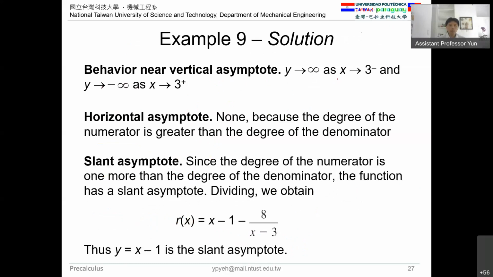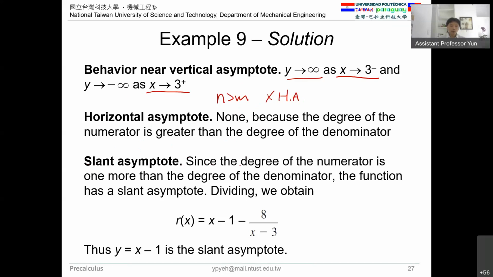For example, when x approaches 3 from the left-hand side, y will approach infinity. When x approaches 3 from the positive side, y will approach negative infinity here. So the horizontal asymptote: since we know n is larger than m, there is no horizontal asymptote, right? And then we find the slant asymptote.